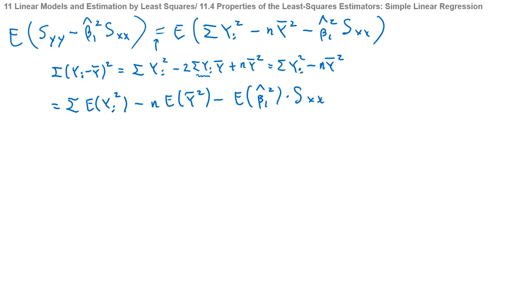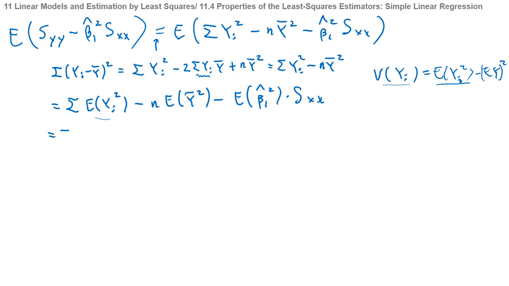And what we know is the variance of yi is the expected value of yi square minus E[yi] square. So E[yi square] is the variance of yi plus E[yi] square.